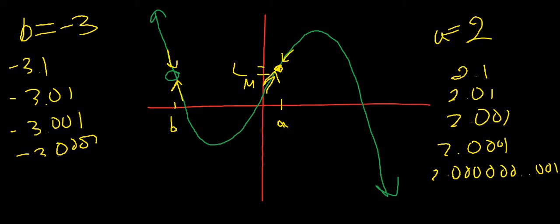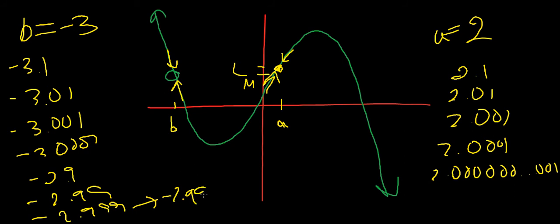Or maybe we look at something a little bit behind it: -2.9 or -2.99 or -2.999, or maybe -2.9999999999999, because that's really close to -3. And so that's the idea of a limit: what is the y value as you get really, really close to a certain x value, but never actually get to that x value on the graph. So that's what a limit is.